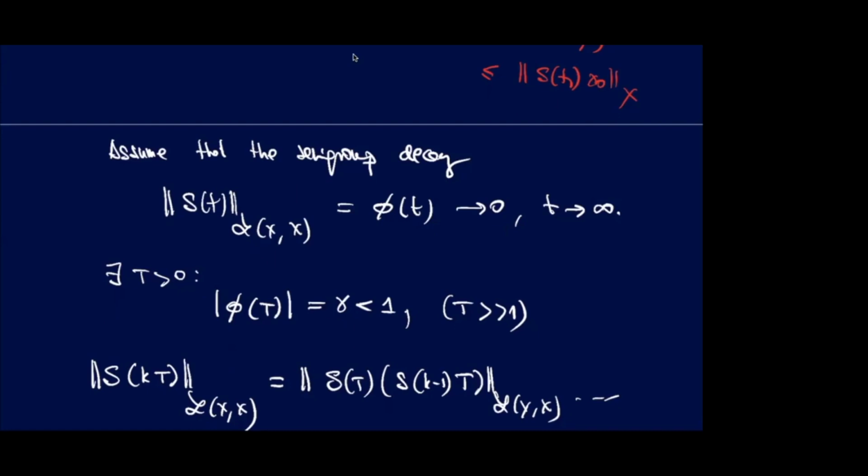But then, of course, how effective the dissipative system is, once you normalize the norm of the semigroup to be 1/2, will depend very much on how much time, capital T, you waited until the semigroup has reached the level of contraction 1/2.